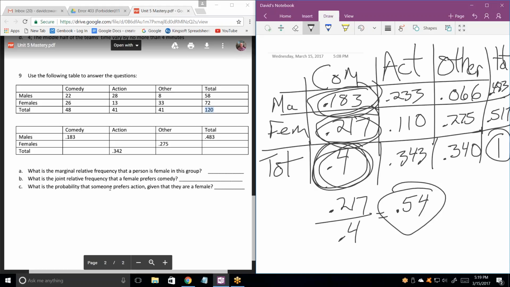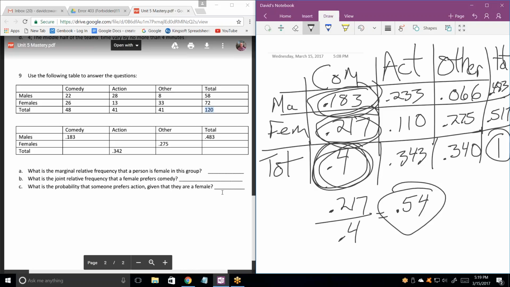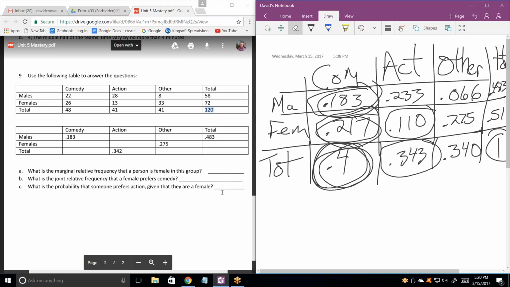What's the probability that someone prefers action given that they are a female? Well, now we're going to compare this number to this number. Divide that number by that number. Well, the relative frequency that females like action and the total people that like action.